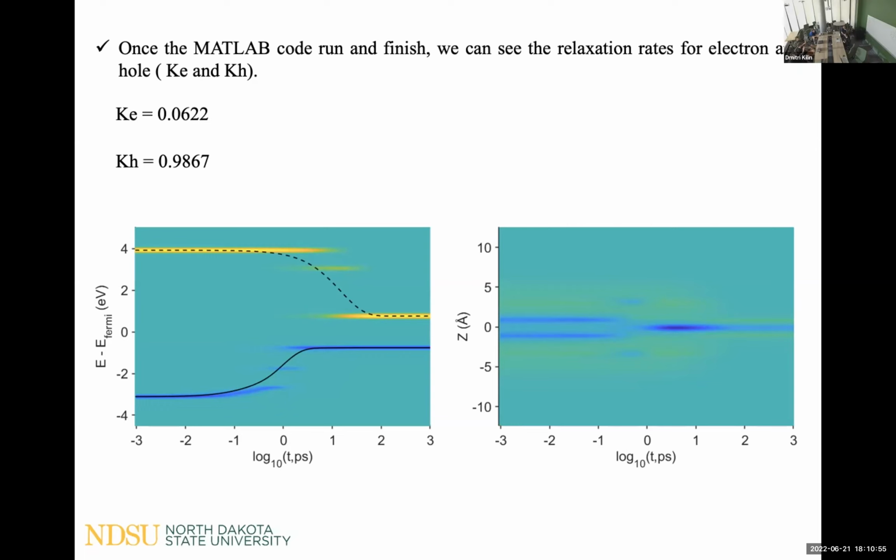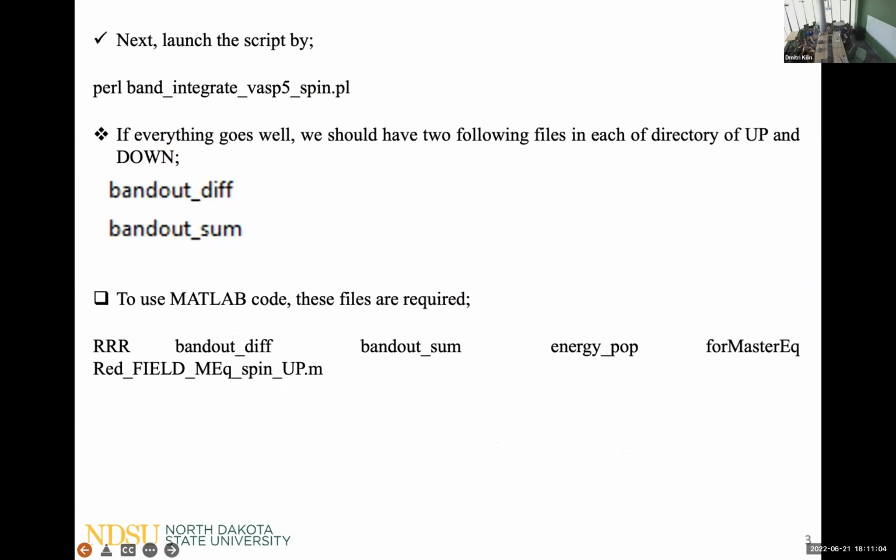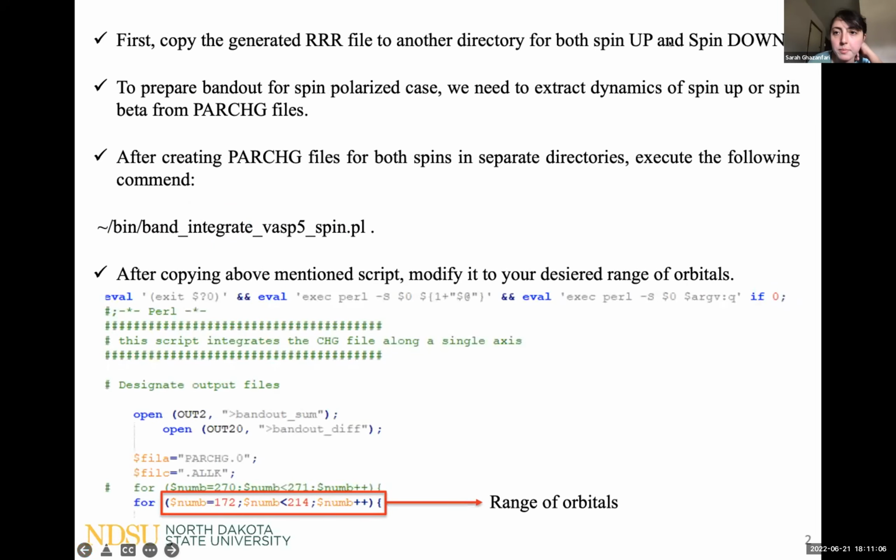From the first part of the talk until this slide, it looks like you need to have two directories with two data sets. Yes. So the part of the system with alpha spin, with spin up, and the part of the system with spin down do not interact with each other and should be treated as independent models in different directories.